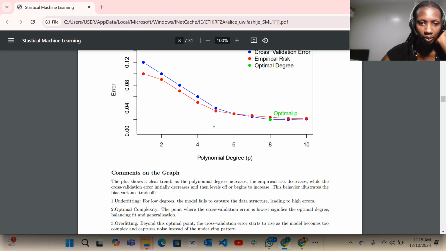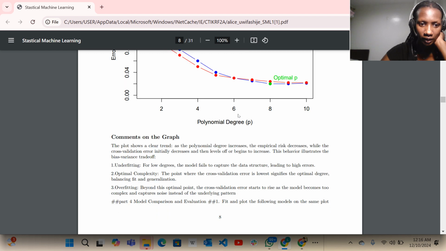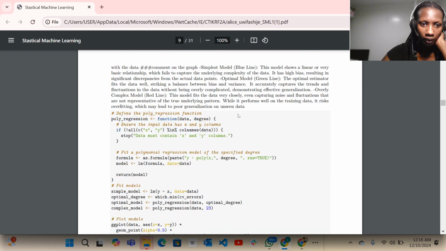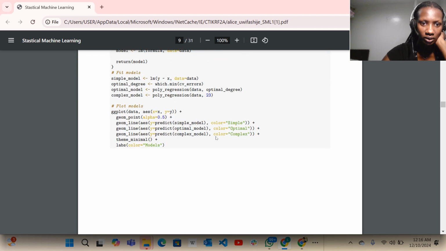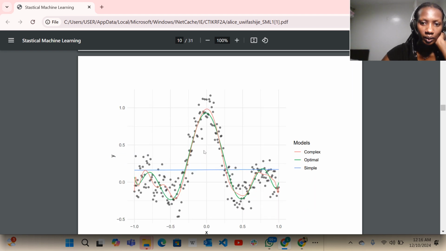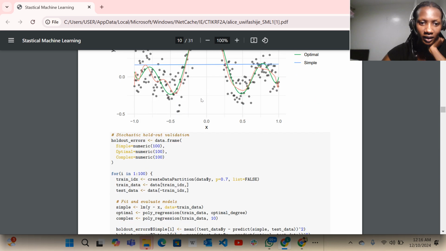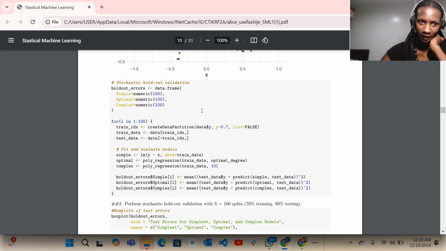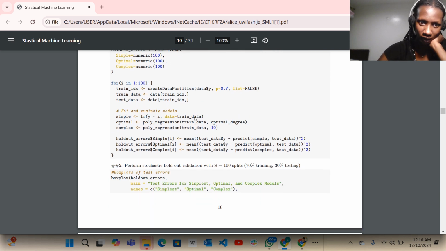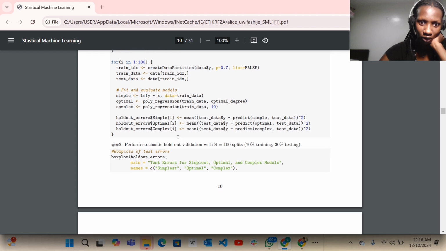We saw that the best polynomial, where we have the least error, was degree 8, as I said before. The next thing was the plot of optimal and complex, optimal and simple. We have seen that at least the optimal degree can capture all the data. I don't have much more to say about this, as the additional information is in this file.